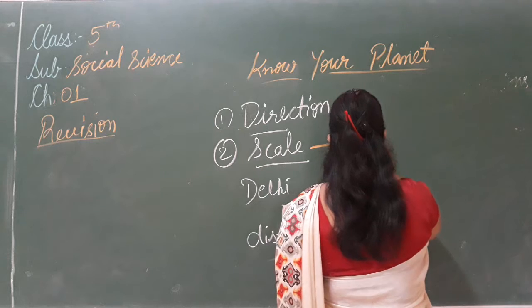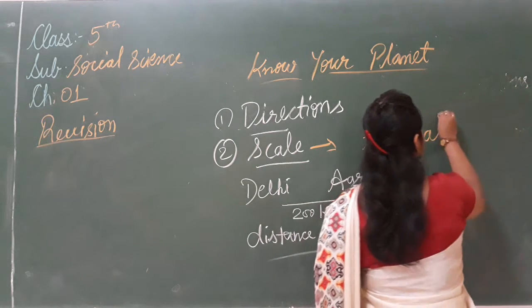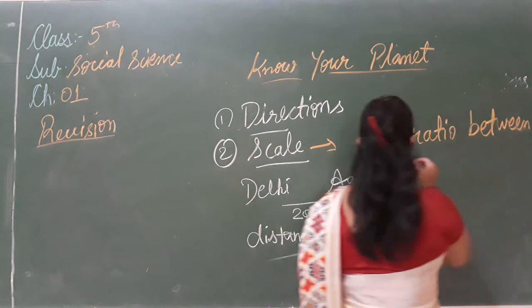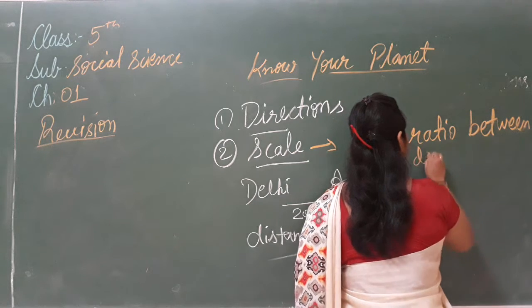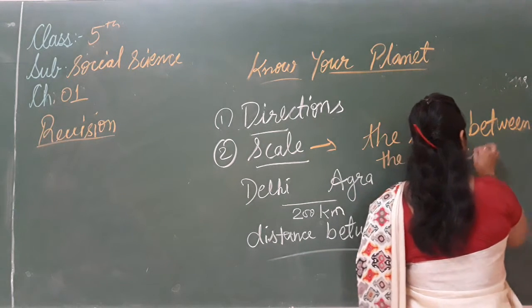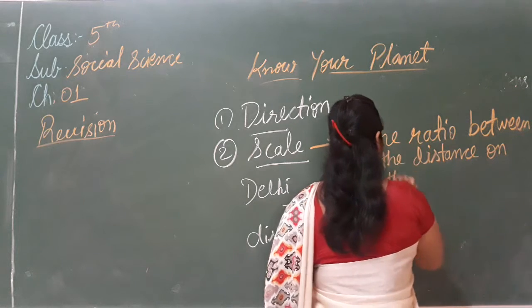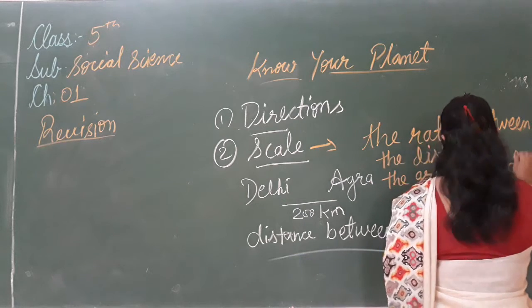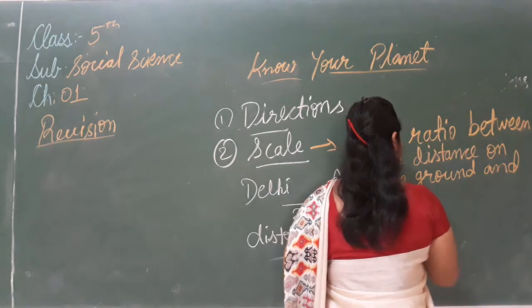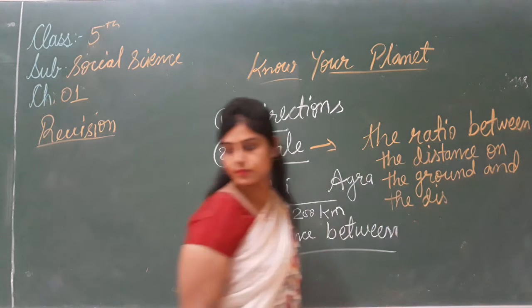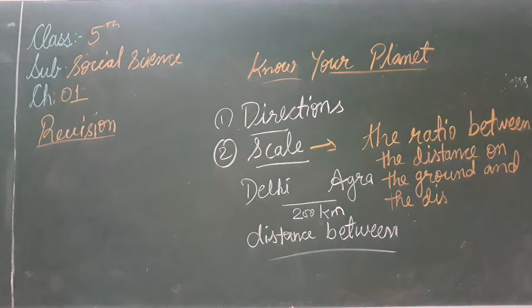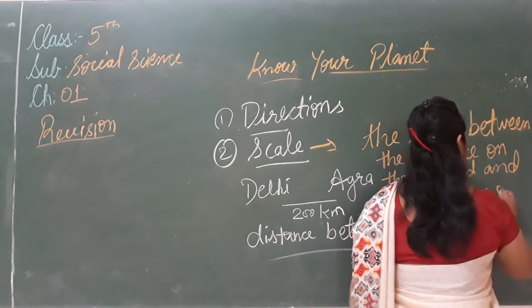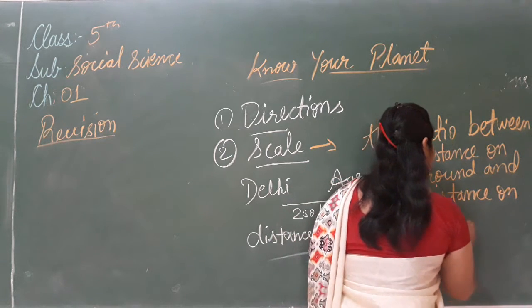It is the ratio between the distance on the ground and the distance on the map.